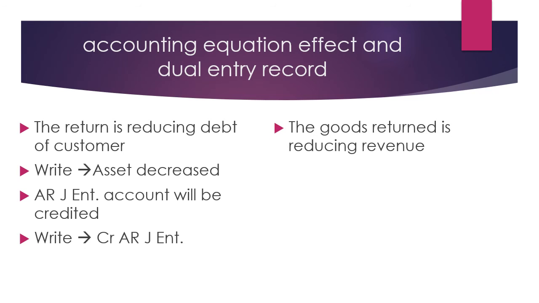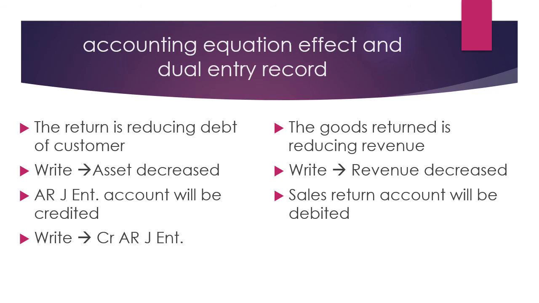And the goods return actually reduces the revenue. Previously, we had the sales of 1,200 ringgit, but when the customer returns the goods, your actual revenue would be decreased. So you need to write revenue decreased.